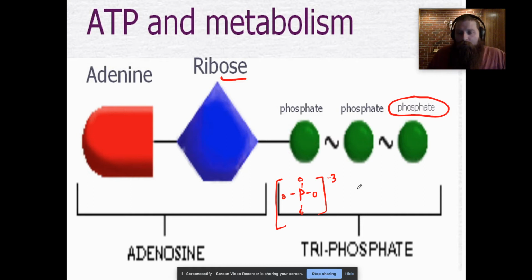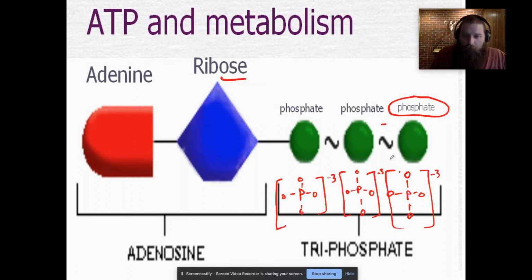When you put a bunch of negative charges next to each other, we know that they repel. Now, you can put 2 next to each other, tag them together, and they'll be okay. But the moment you add this third one, and you make it a triphosphate, so that's what the T stands for, the triphosphate, this little fella right here, this bond that's holding it together, is really unstable.